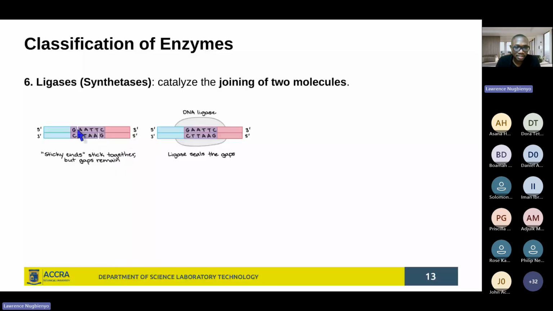Those gaps are sealed, and that's a common example of ligases. So that's what they do. They join molecules together. Okay.